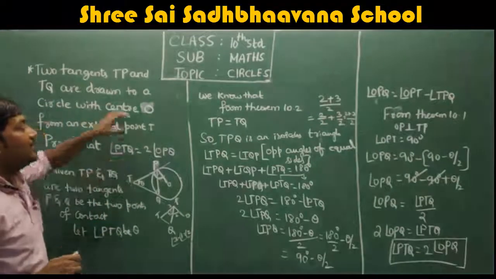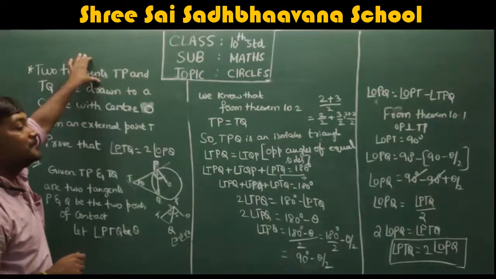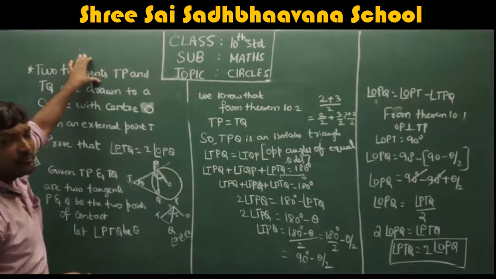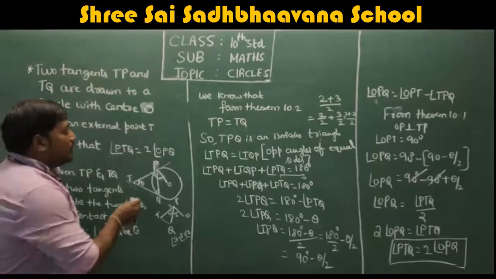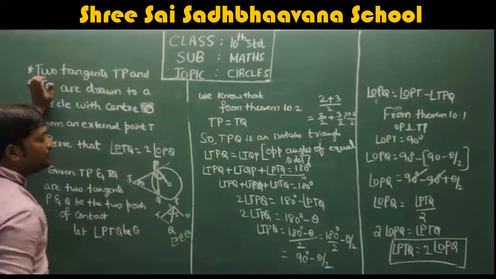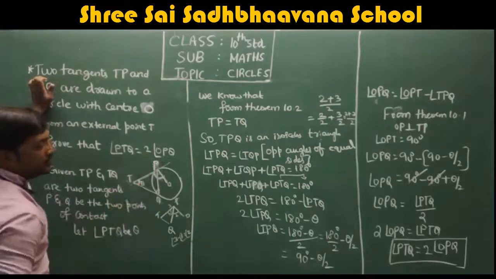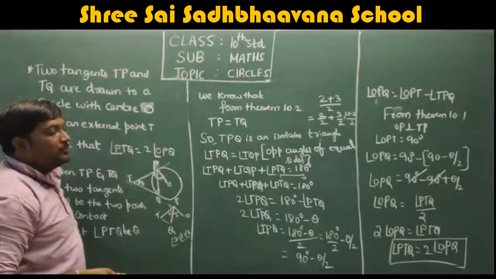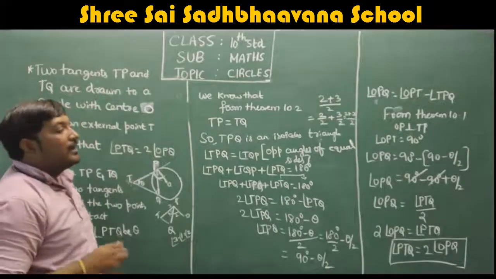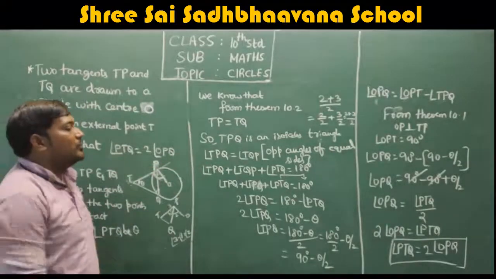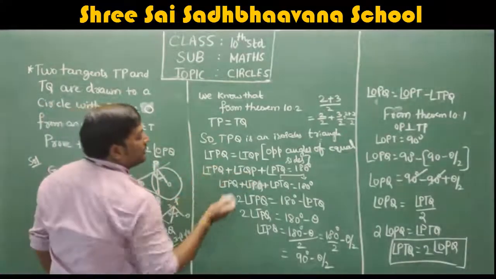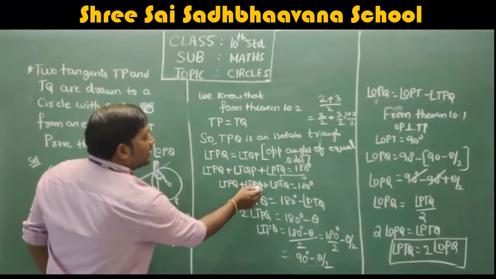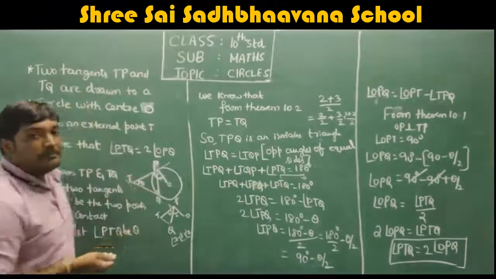Now, we know that the sum of the interior angles of a triangle is 180 degrees. So what are the angles we have? TPQ, TQP plus PTQ. All three angles sum should be equal to 180 degrees. From the last condition we know that TPQ and TQP are both the same. So in the place of TQP, can I write TPQ because they are same?